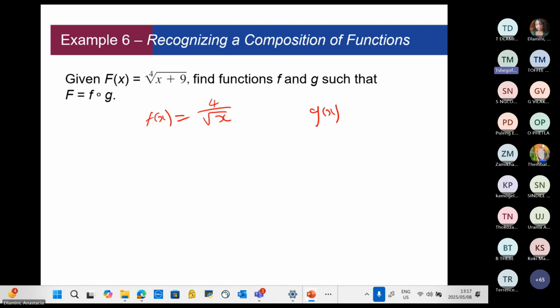No, I'm wrong. Let her continue, she knows she's wrong. She needs to fix it. So then it will be? You said G will be what? G will be x plus 9. And then this one, F will be what?